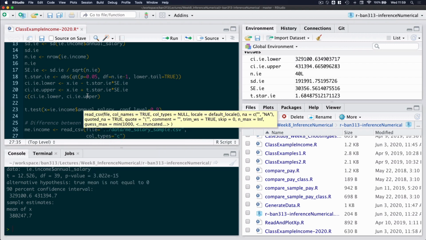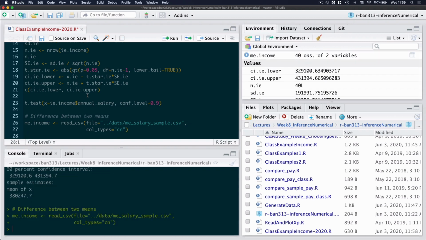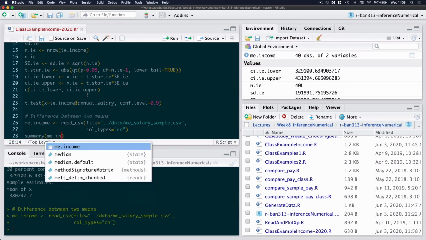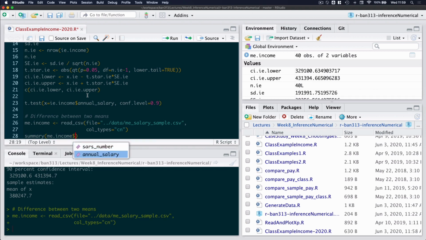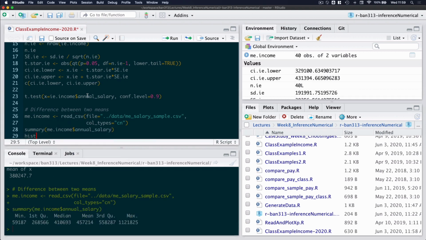And again, the first column or variable is the SARS reference number and then the income. And I can also call the summary. Or I can call the histogram.